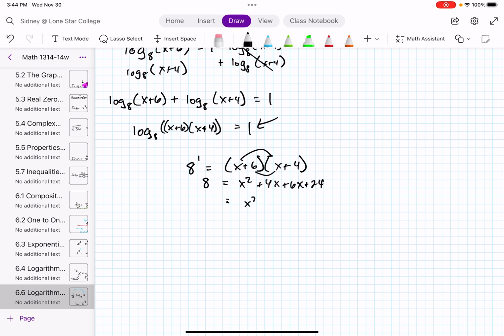A little combining like terms, and I get x squared plus 10x plus 24 equals 8. I need this equal to 0, so I'm going to subtract 8 from both sides, and I have 0 equals x squared plus 10x plus 16. This factors nice and neat.